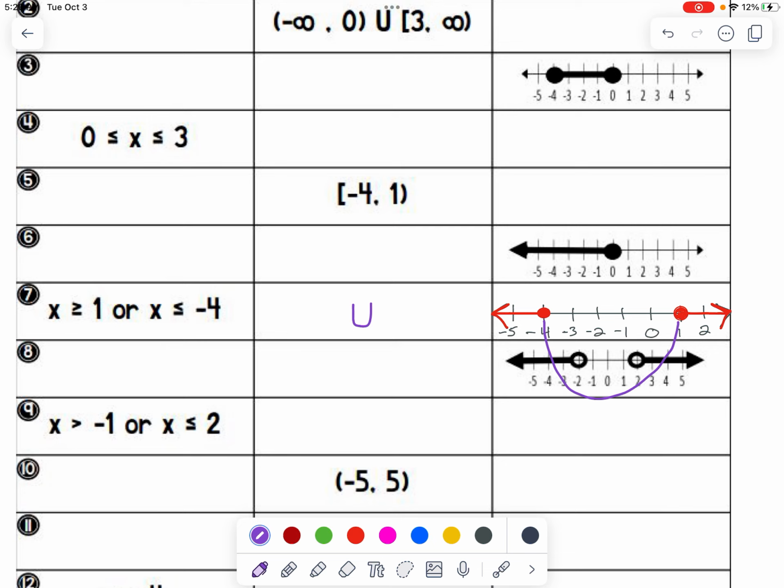It stands for or, that there's a gap in between. You could also think of this as there's a jump. So we jump from -4 to 1 and skip over all of those. So we want to think or, a jump.